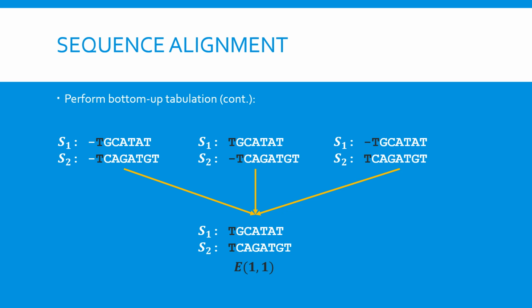In the first alignment shown on the left, 2 gaps at the beginning of the sequences are aligned. Here, we consume 1 letter from each sequence to construct the solution for E(1,1). In the second alignment shown in the middle, we can introduce a gap at the beginning of the first sequence to construct the solution for E(1,1). By symmetry, for the third scenario, we can introduce a gap at the beginning of the second sequence to construct a solution for E(1,1).